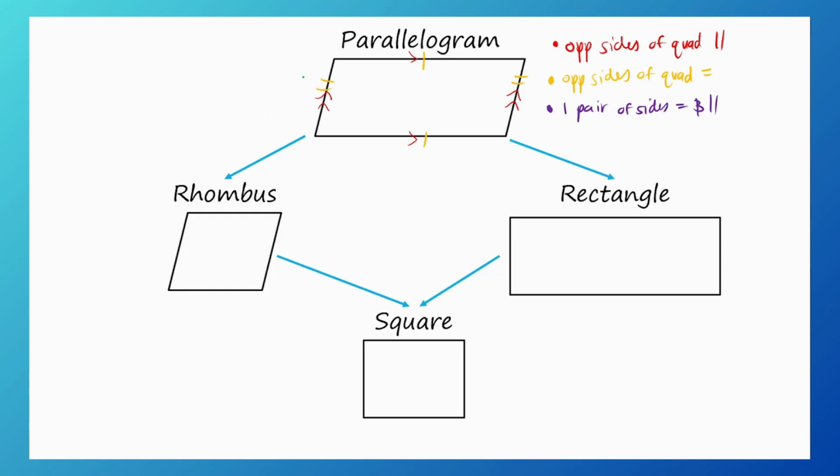And then the last way that you can also prove a parallelogram when we're looking at the outside properties, the main properties, is if you can prove the opposite angles are equal, so both pairs, then you also have a parallelogram. And that reason would be opposite angles of quad are equal.